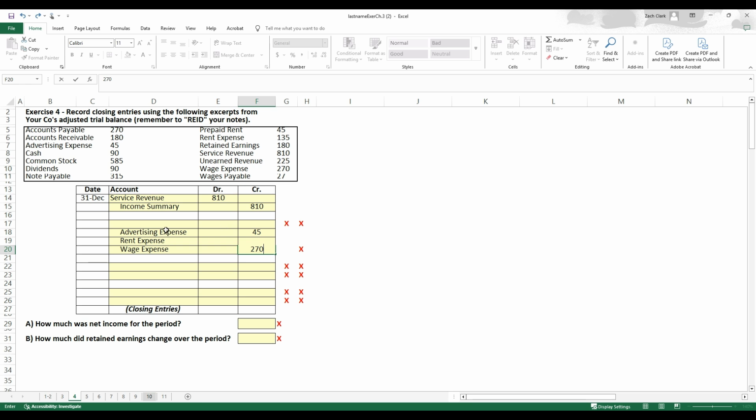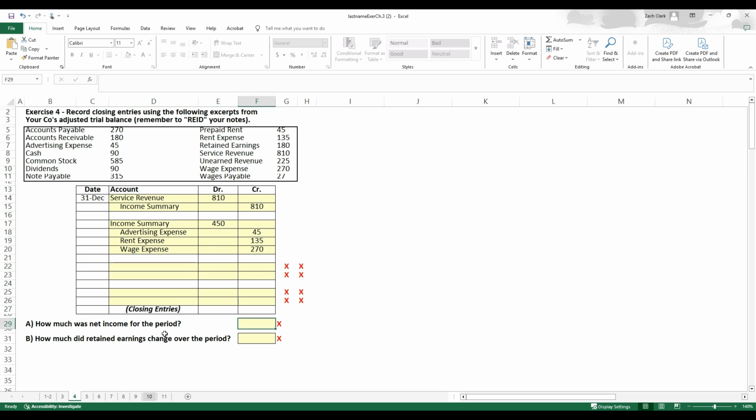So there we go. And then again, we're going to use the income summary. This time we're going to debit it, because when we're closing our expense accounts, we're crediting, as the opposite of the revenue, where we credited the income summary. Okay, so we just add all that up.